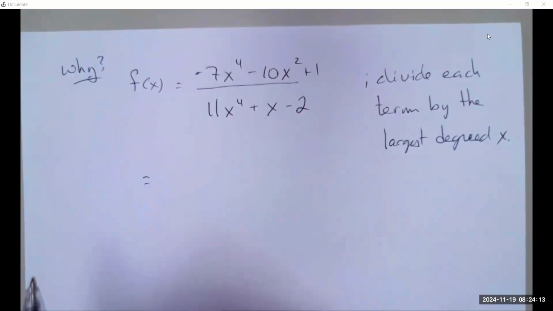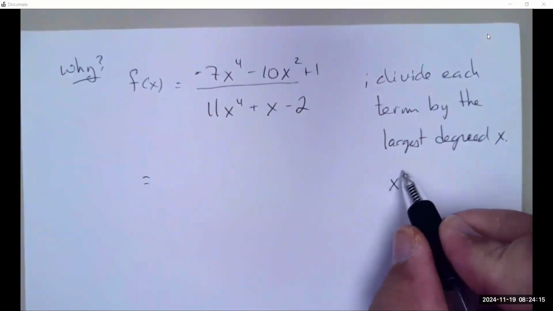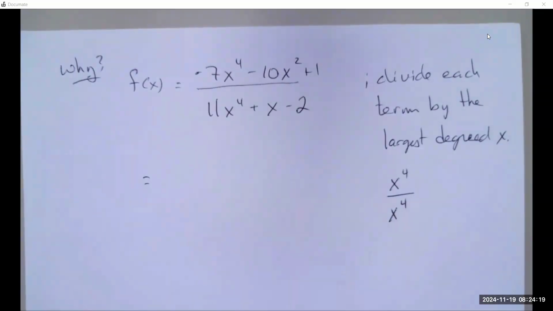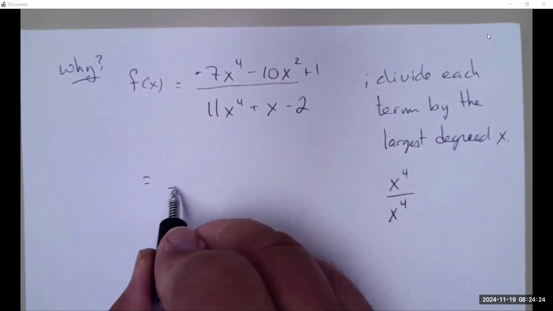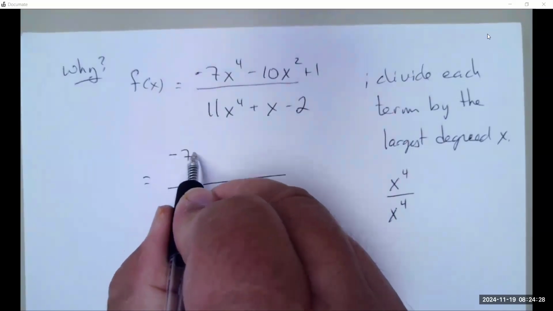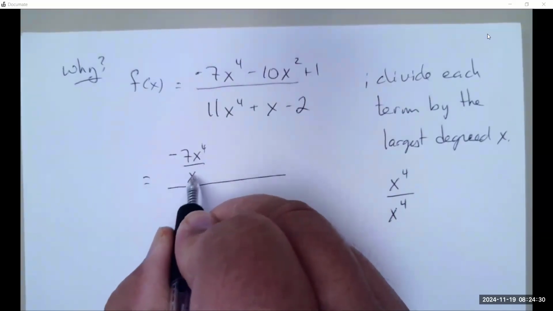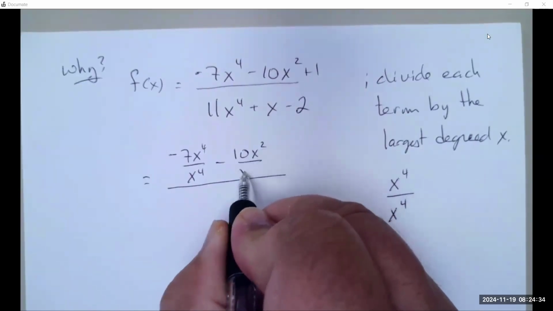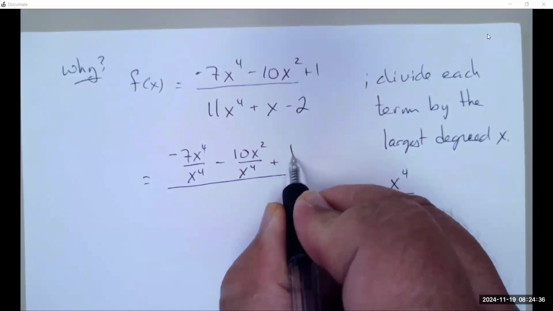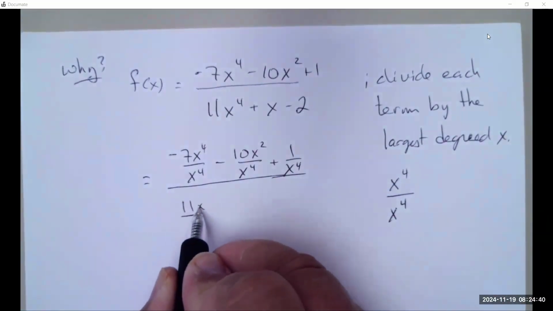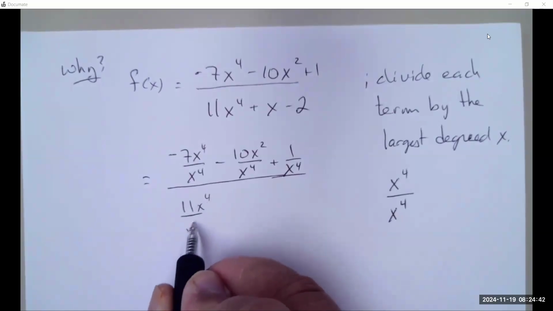X to the fourth. What we're doing here is we're going to divide the entire equation by x to the fourth. So each of the top terms is divided by x to the fourth. Each of the bottom terms is divided by x to the fourth.